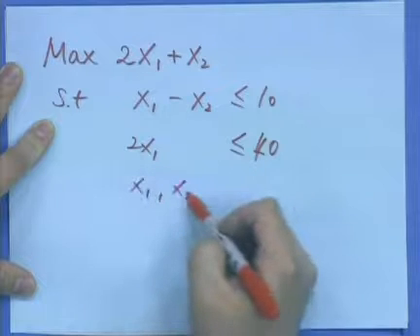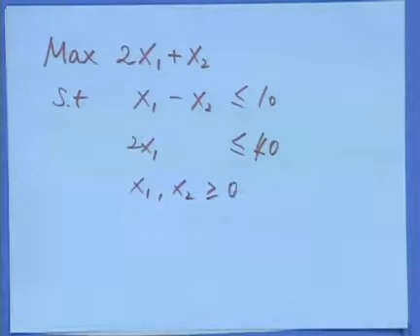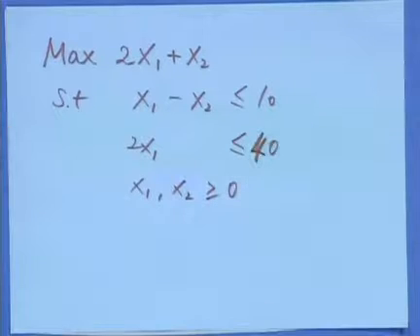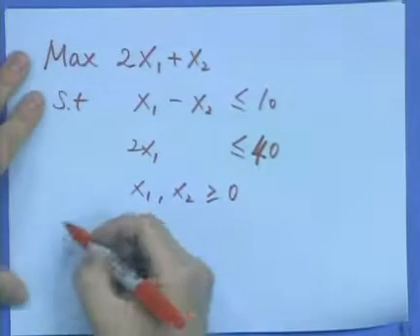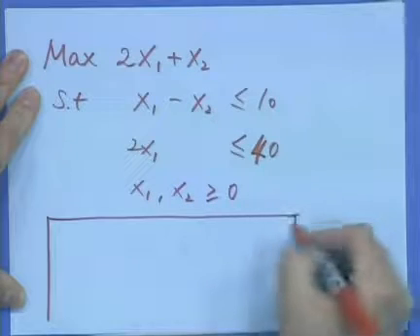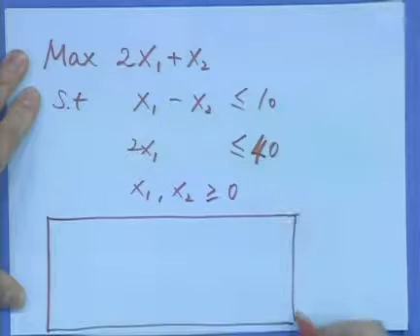Both x1, x2 variables are greater than or equal to 0. In that case, we could make a simplex Tableau like this.